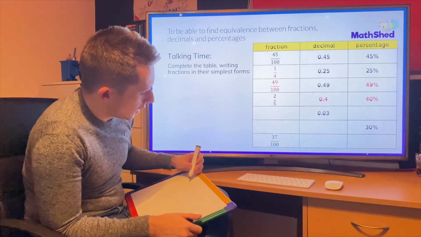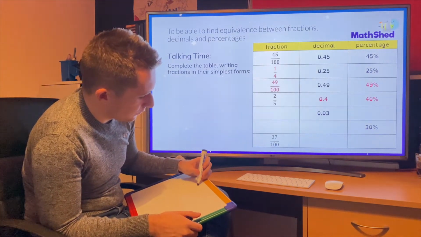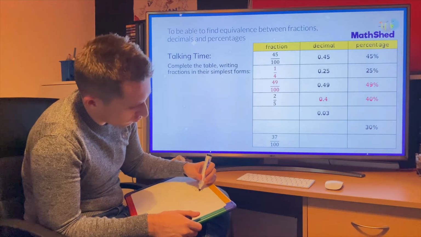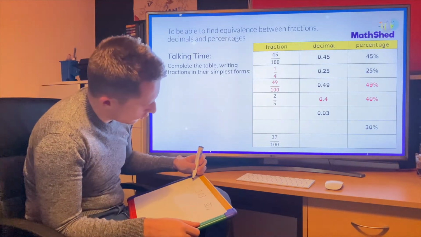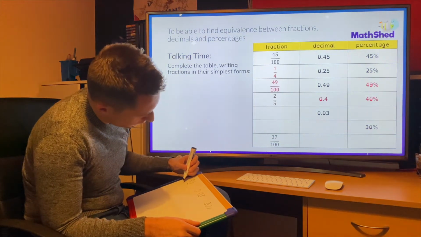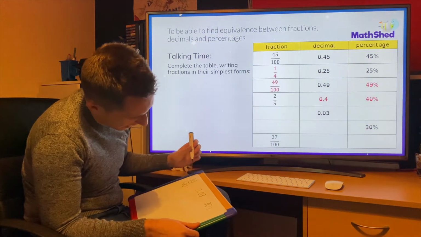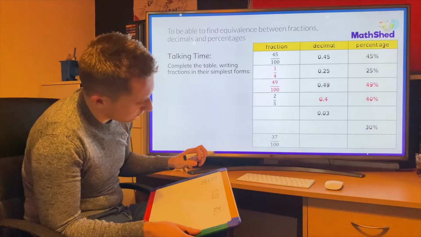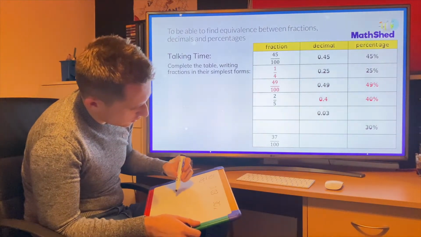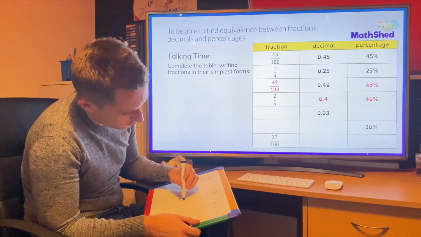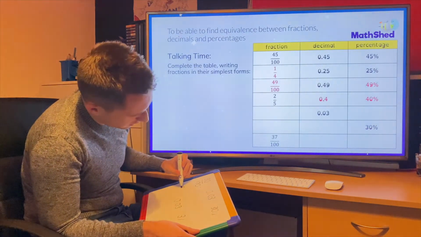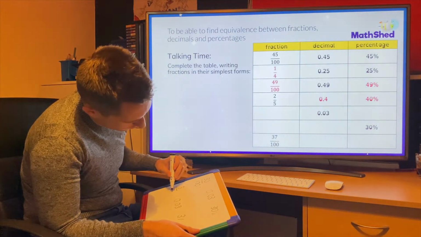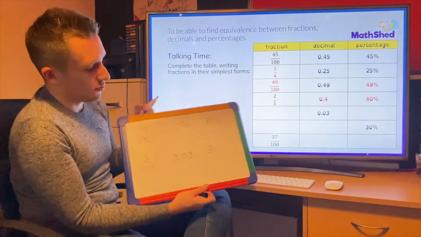So, we've got 0.03, which would be that, which would be that. Then we've got 0.3, which would be that, which would be that. So I've got two possible answers here.